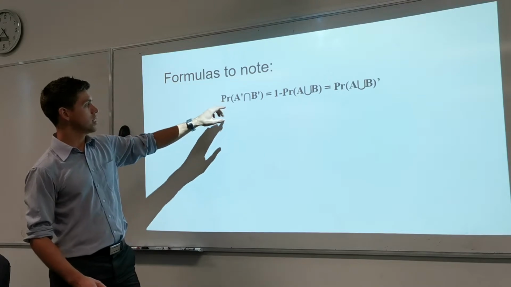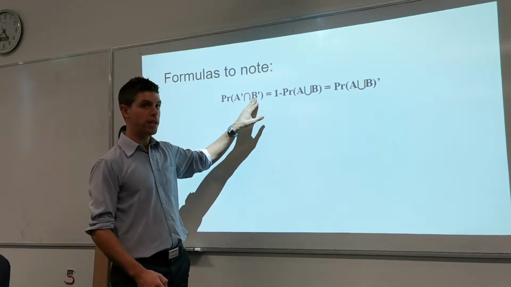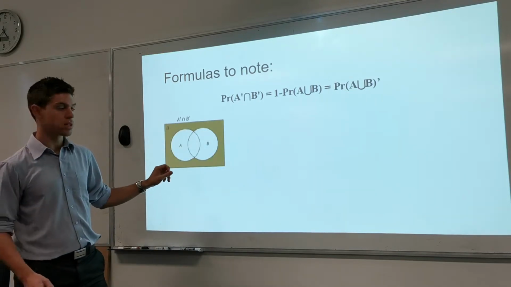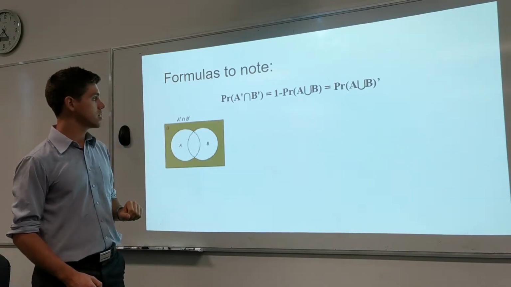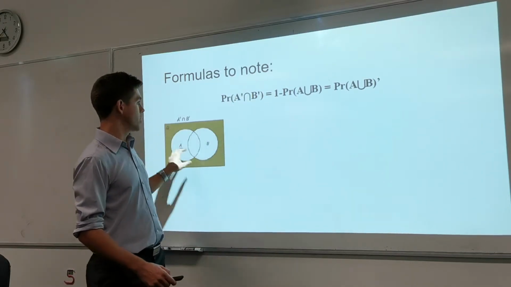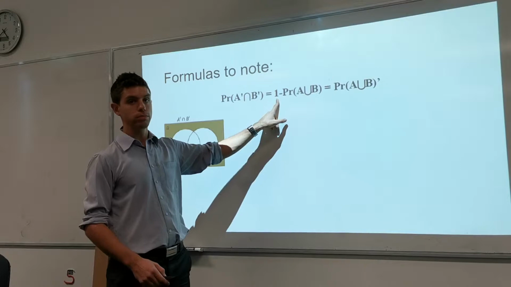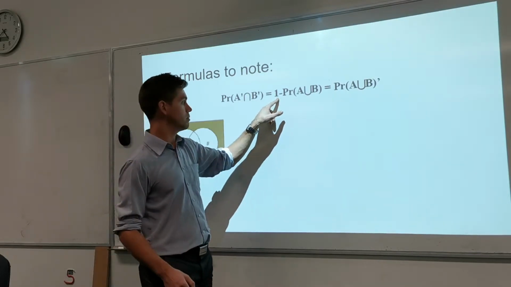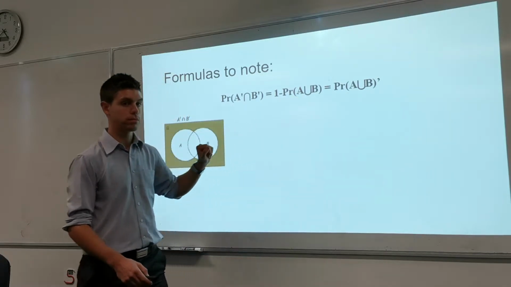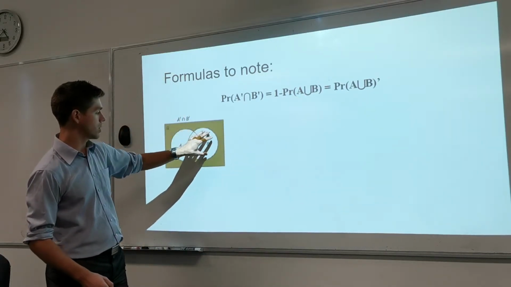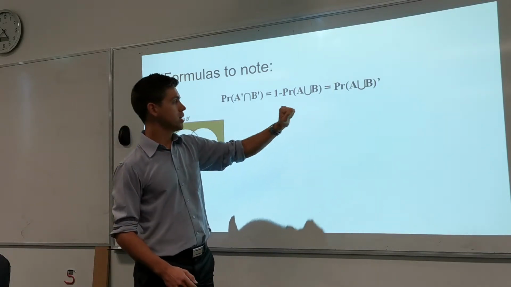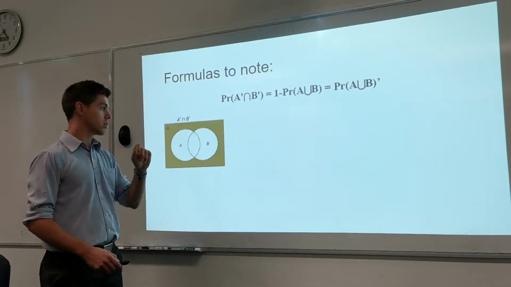We have the probability of not A intersection not B. So this region around the outside, which is neither of these two events. And we're saying that this can be calculated by taking 1, or 100% probability, minusing the union of A and B. So all of A taken with all of B. And this can also be written as probability of A union B complement.